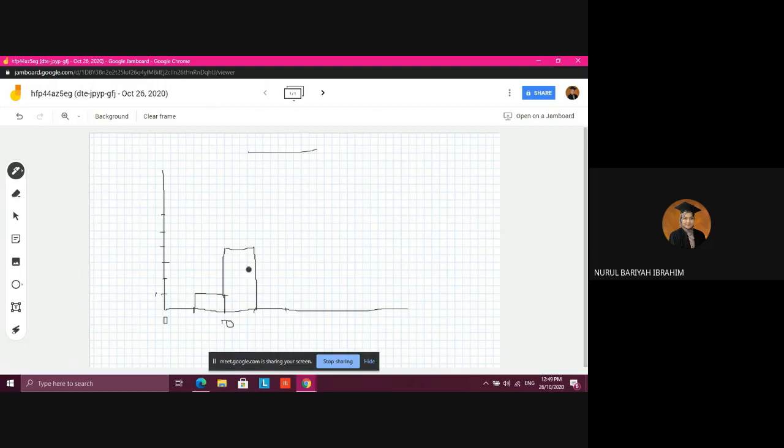Which is 6. Here. You guna pembaris tau. So, saya just illustration saja. Okay, di sini tadi ini 20. So 20 to 25. It is 4.